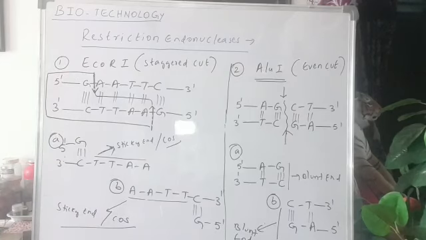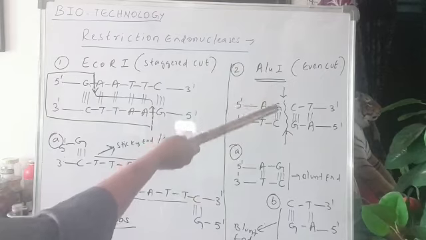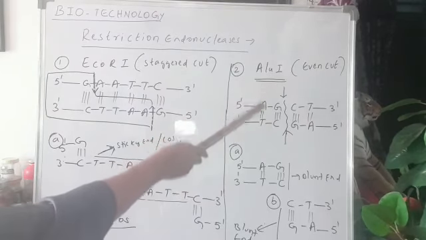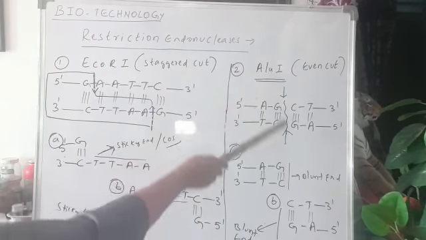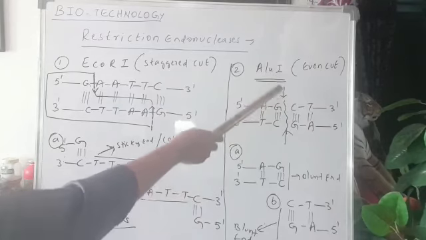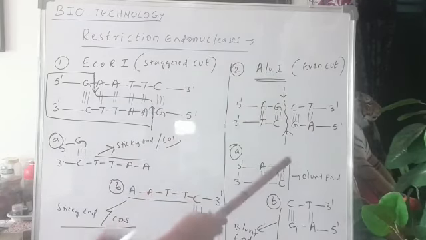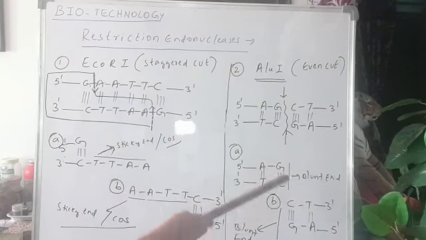There are also restriction endonucleases which cut evenly and produce fragments having blunt ends.